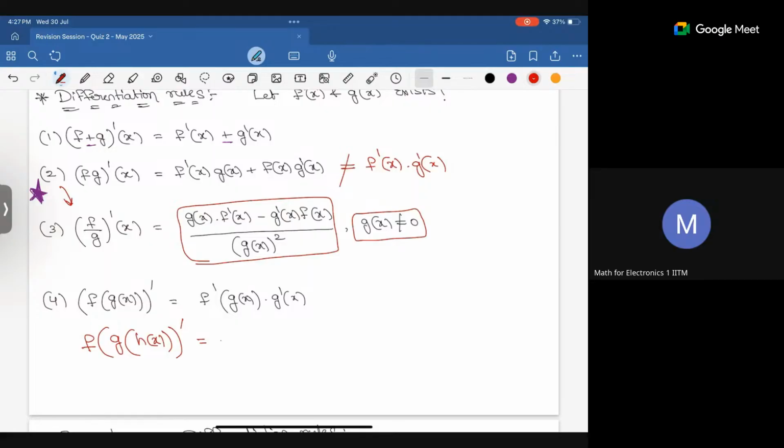What will this be? If I have the composition of three functions and I want the derivative of it, anybody? It will be f prime of composition of g h of x, then it will be g prime h of x, then h prime of x.